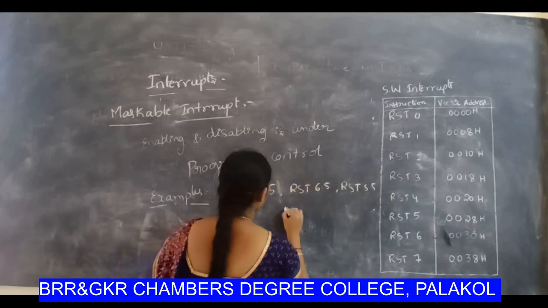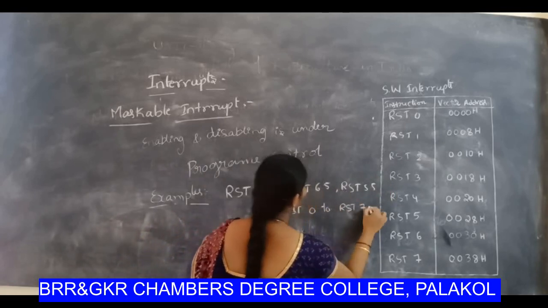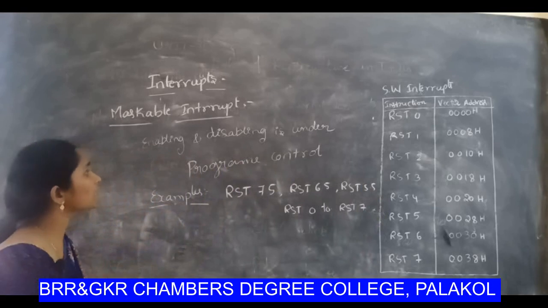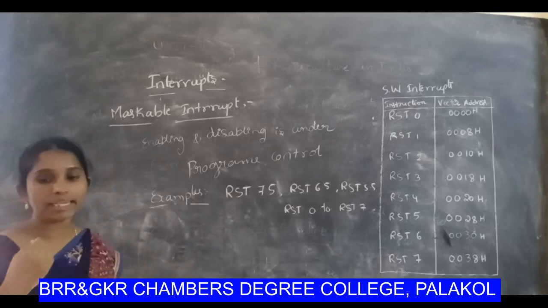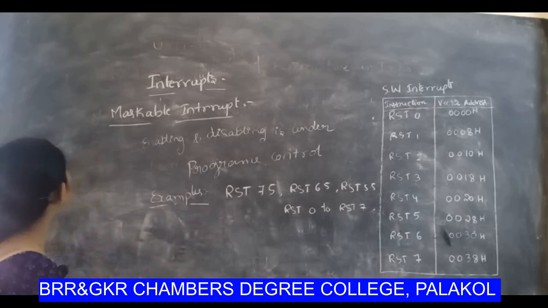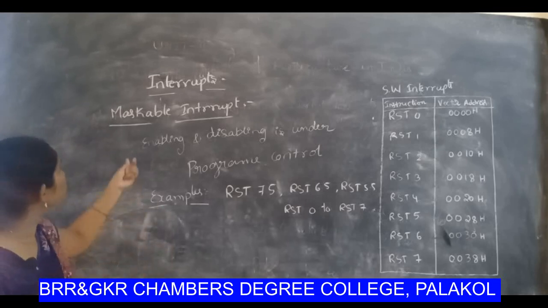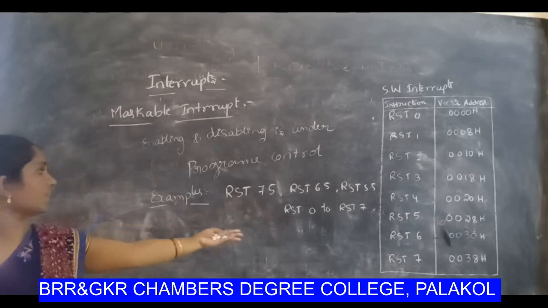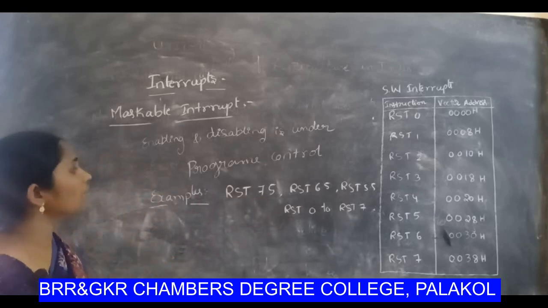So RST 0 to RST 7, these are the examples of maskable interrupts.